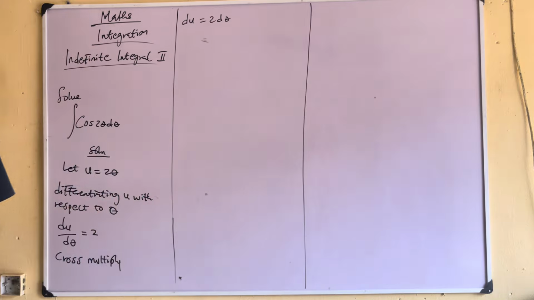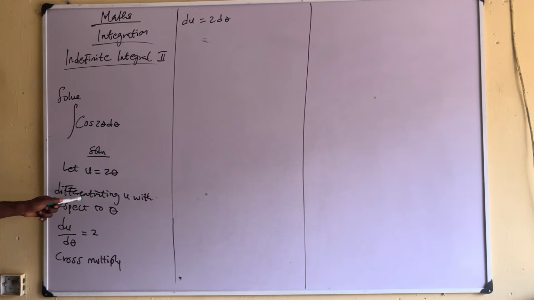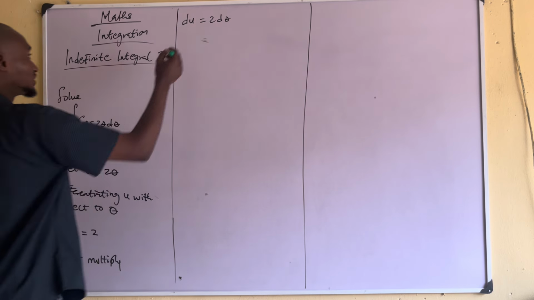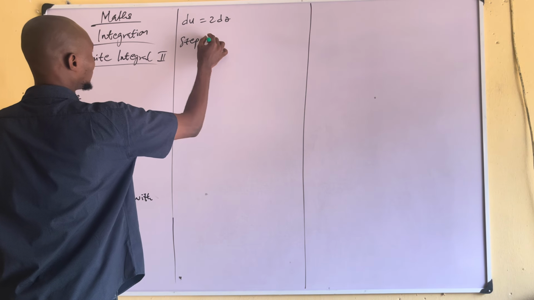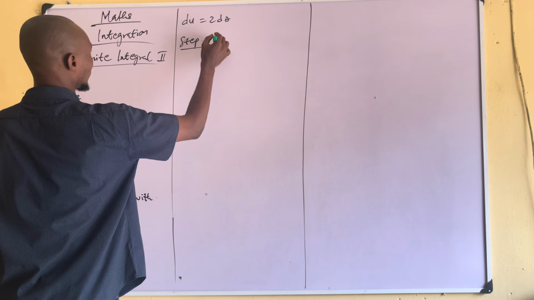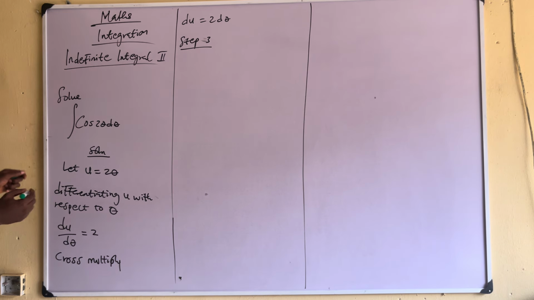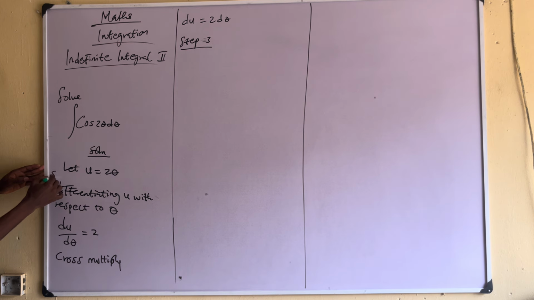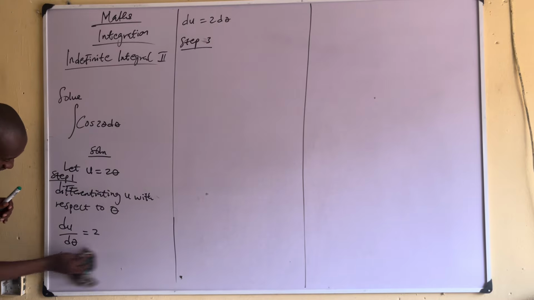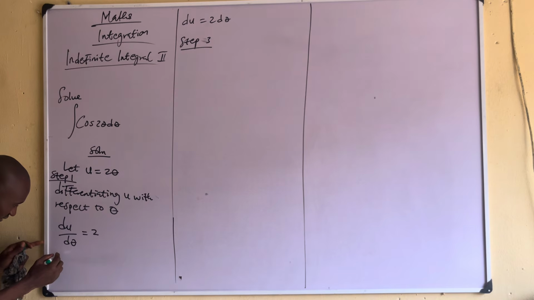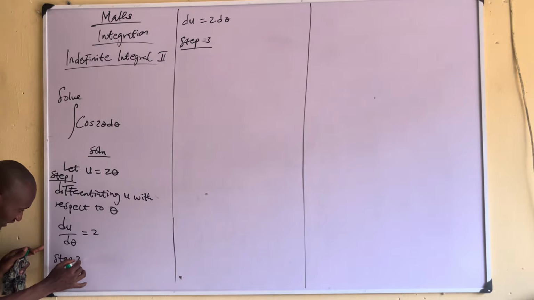The next step, let's say, step 1, step 2. This one now is step 3. Let me write it for you. Step 3. This one is step 1. Then this cross multiplication is step 2.